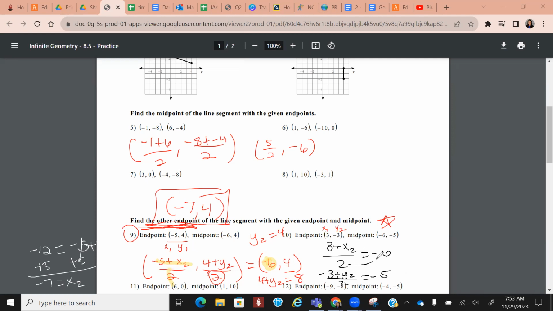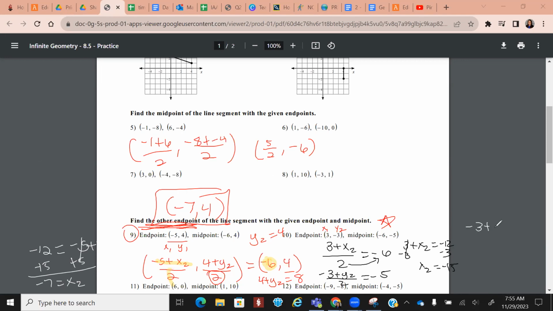So we multiply by 2. And that's going to give me 3 plus x2 equals -12. And then subtract 3. So that would give me x2 equals -15. Can you solve for y2? So if I'm solving for this, I'm going to multiply by 2. I'll write this over here. That's a little messy.